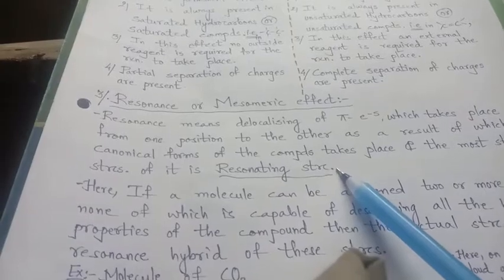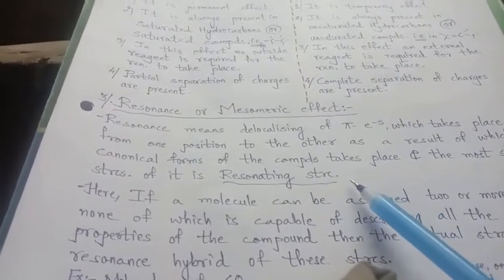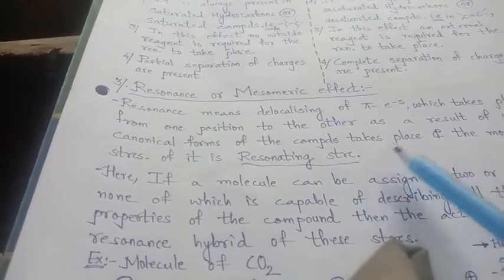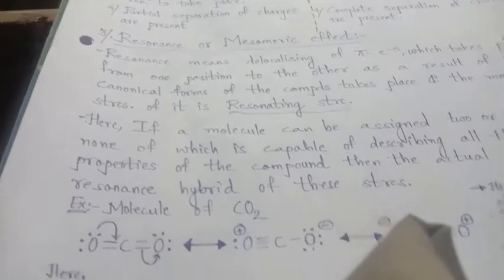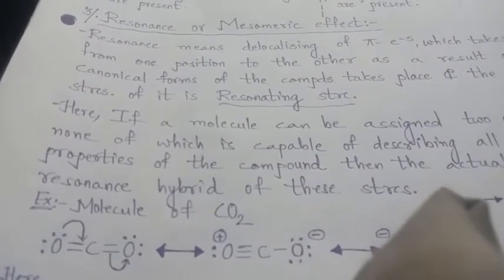We have seen the resonance of the ozone molecule, carbon dioxide molecule, and many other examples we have done. So please recall it. And here we will see the resonance of the cyclic molecule.